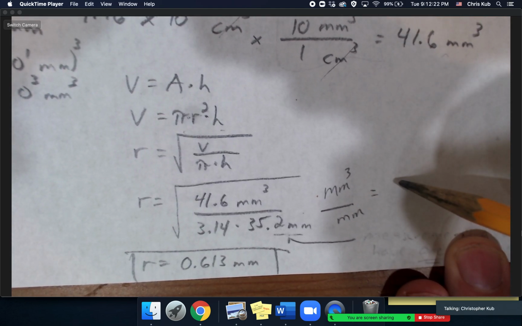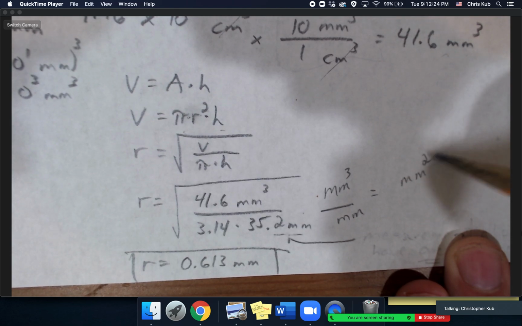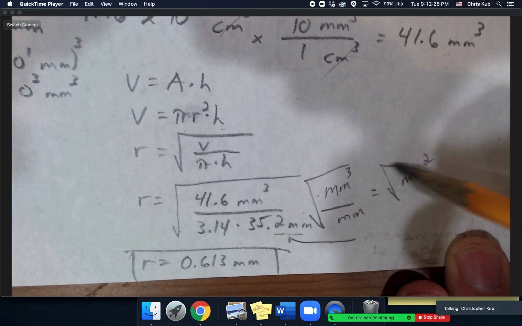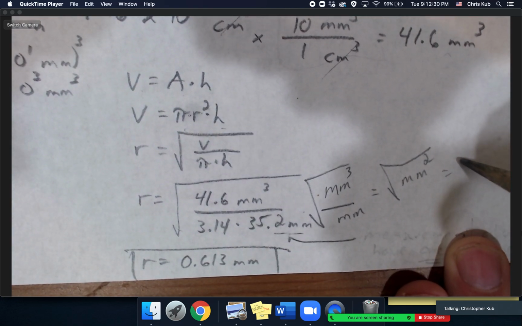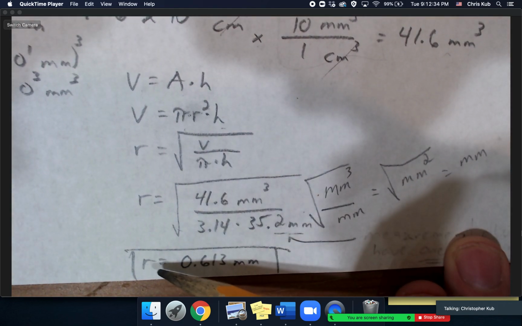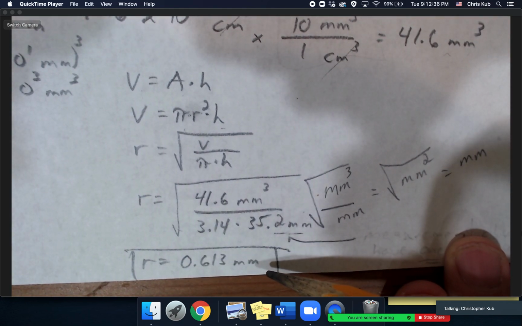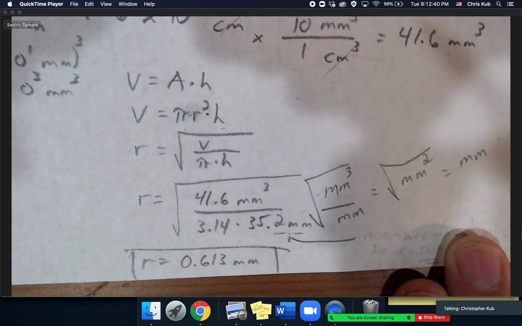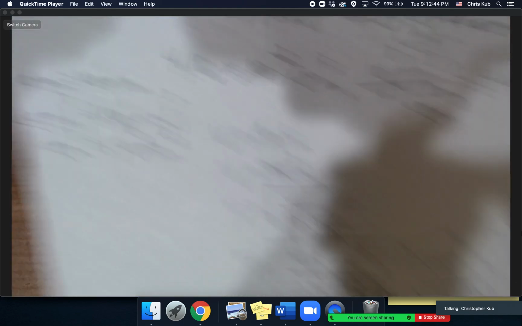So that gave us millimeters squared, but we also were taking the square root of all of that. So the square root of millimeters squared is just millimeters. So we got our radius in millimeters. Oh, it's tricky to deal with units. You'll get a bit of practice in this in the practice problems.